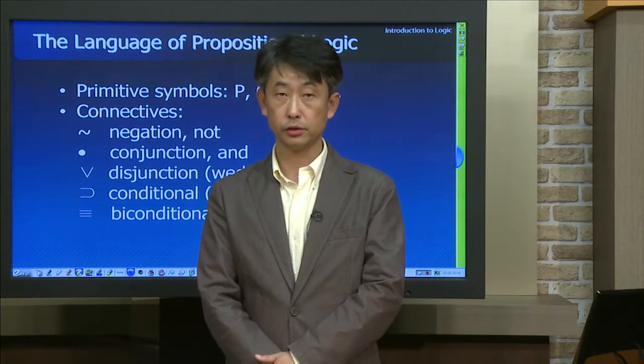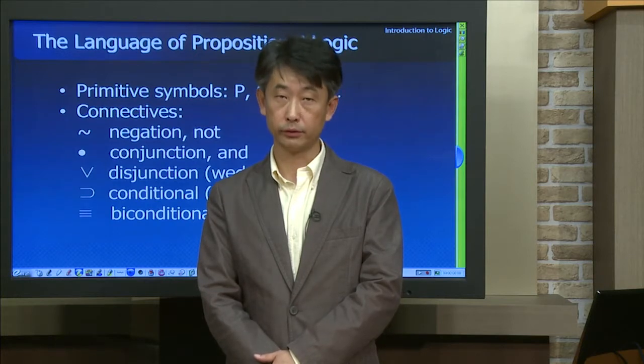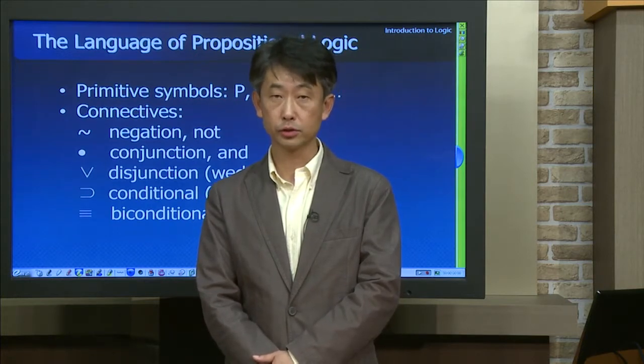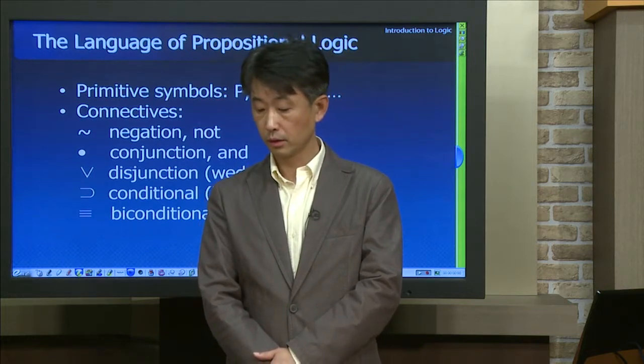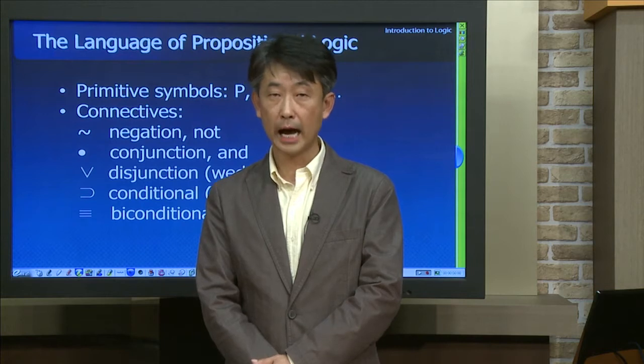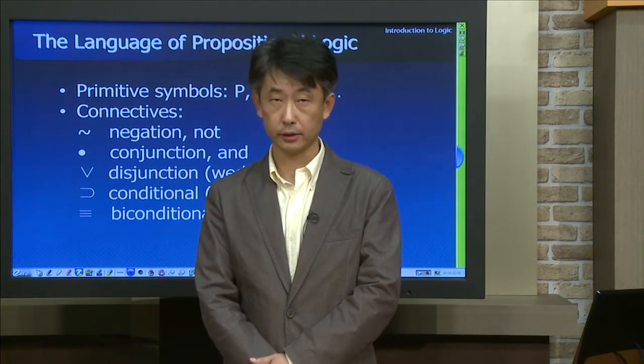Ordinary languages are sometimes very unclear about logically relevant structure of statements. So logicians devise this artificial language to compensate such defect.